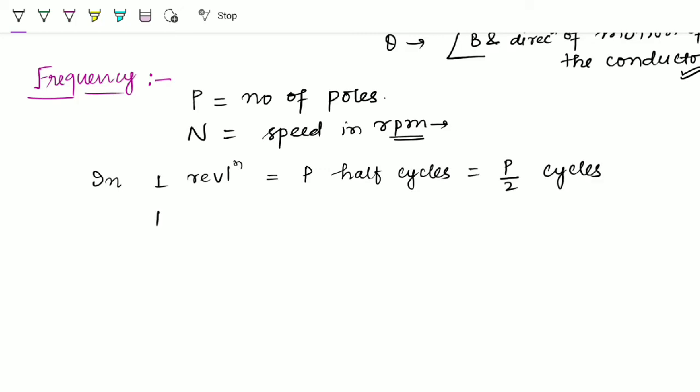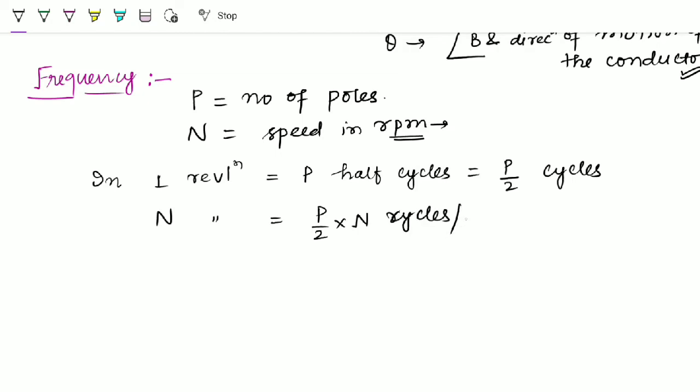Now for N revolutions, it will have P by 2 multiplied by N cycles per minute.